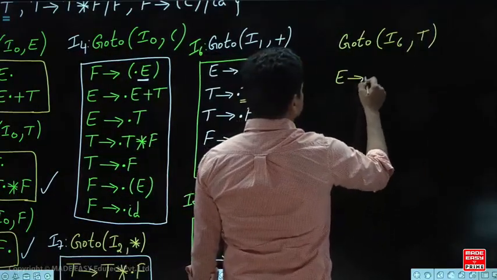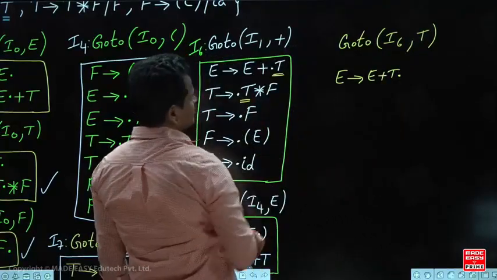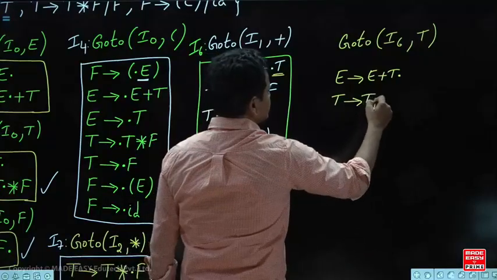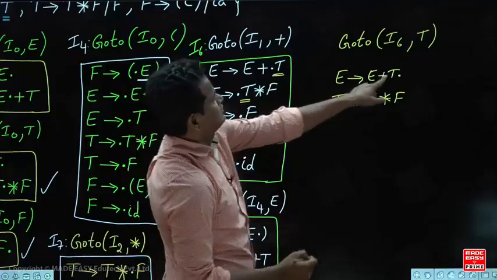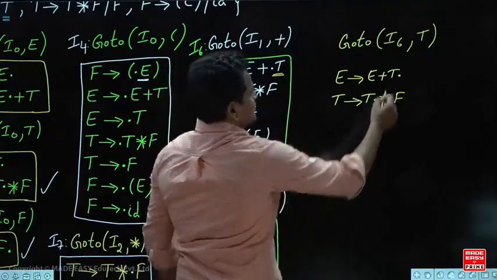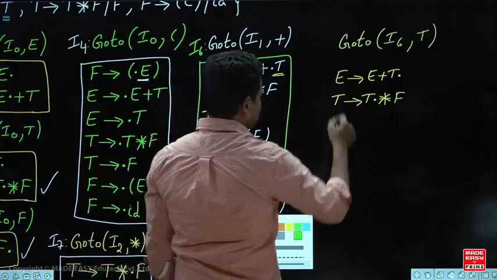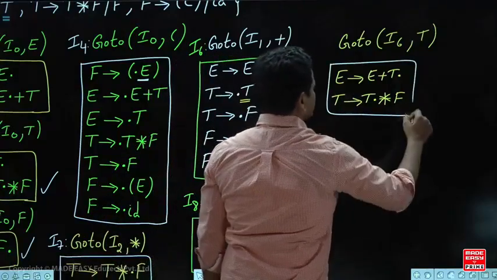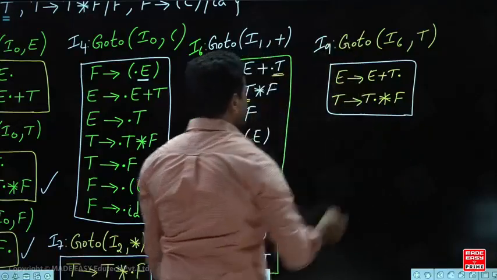Just move the dot: E plus T dot, this dot will be moved, and for this T dash T dot star F. For this, dot after nothing, dot after terminal, so you cannot add any other productions in this state. So close this, and this is nowhere else, so name it as I9.